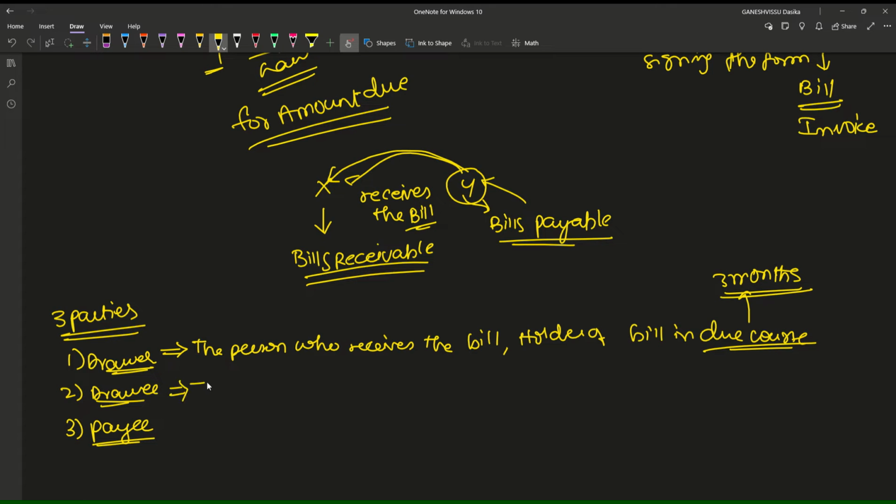And drawee is the person who accepts the bill. Drawer is the person who draws the bill of exchange.